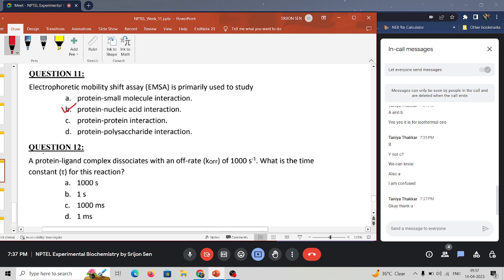So the next question is, a protein ligand complex dissociates with an off rate of 1000 second inverse. What is the time constant for this reaction?